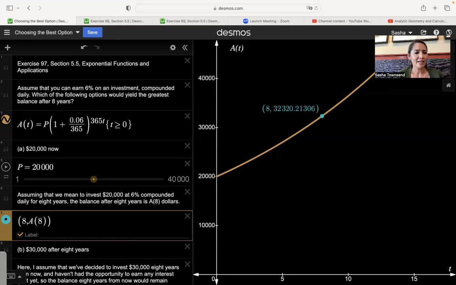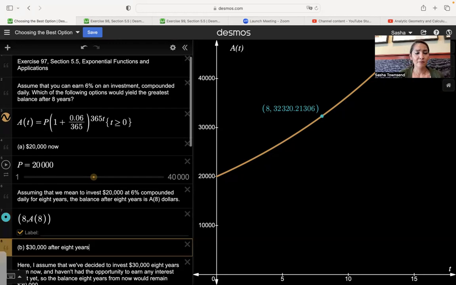Part B, we're given another option. We're told that we can invest $30,000 after 8 years. But if we're talking about what our balance would be 8 years from now, and we're talking about depositing $30,000 8 years from now, you wouldn't have any time to earn any interest.